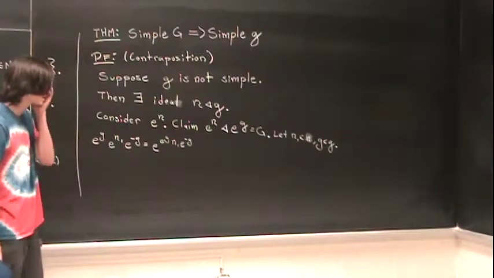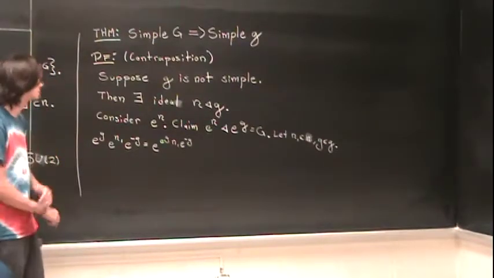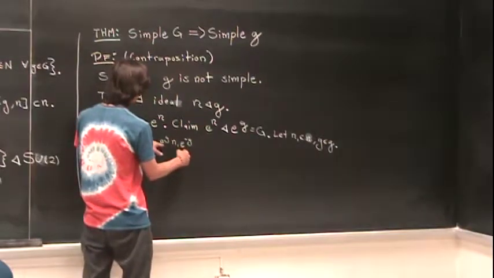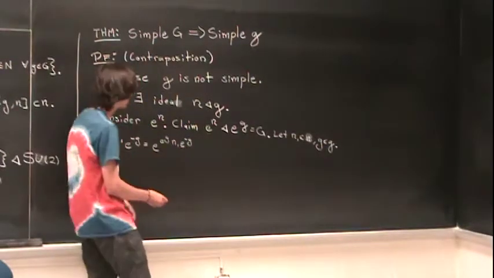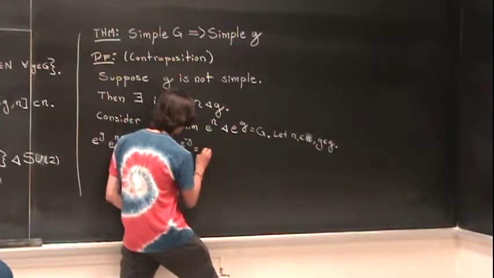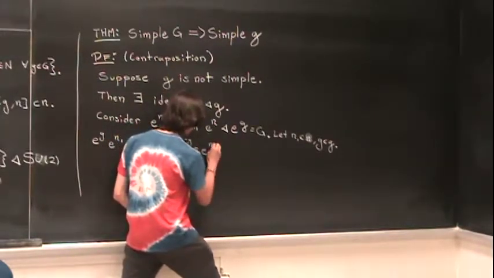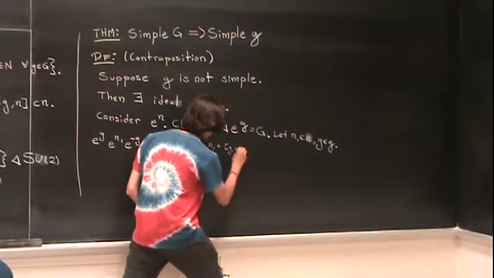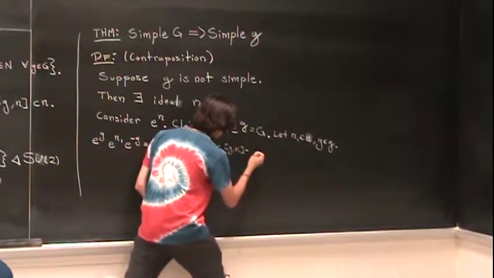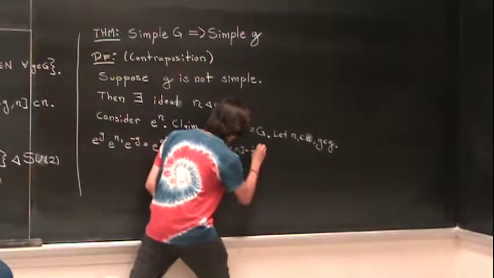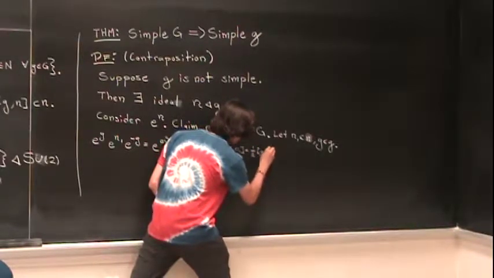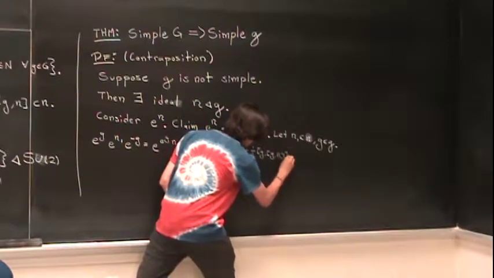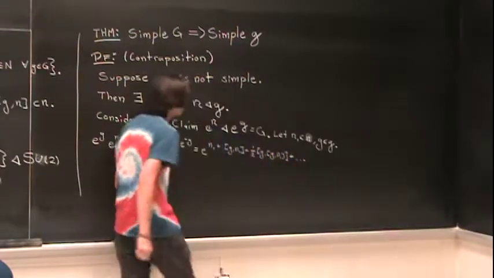And then recall that last time Chris showed us this Baker-Campbell-Hausdorff lemma, which allows us to expand this as a series of nested commutators. So we get e to the n1 plus the commutator of g with n1 plus a half the nested commutator of g with n1 plus higher terms.